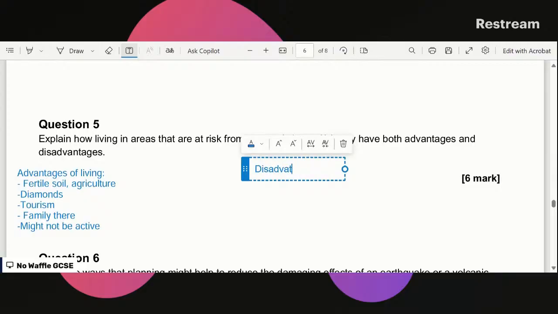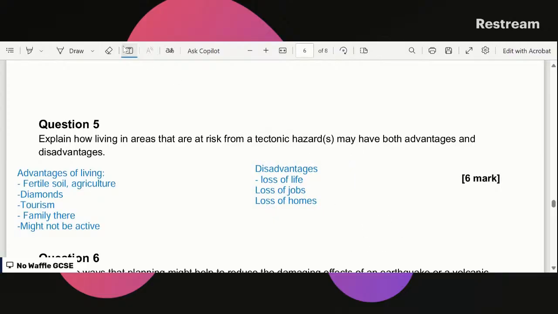Disadvantages, there's probably loads: loss of life, loss of livelihoods, loss of jobs, loss of homes. There's just endless disadvantages as well. And obviously the value of the house is not very high either. This is for AQA, so it's not for Edexcel.